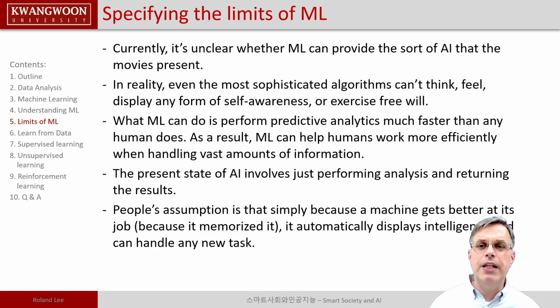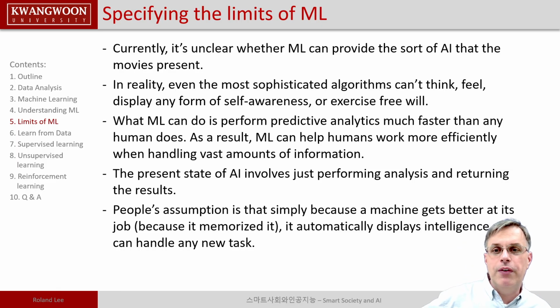Now, the main point of confusion between learning and intelligence is people's assumption that simply because a machine gets better at a job, it automatically displays intelligence and can handle any new task, which is not true. Nothing supports this kind of view of machine learning.